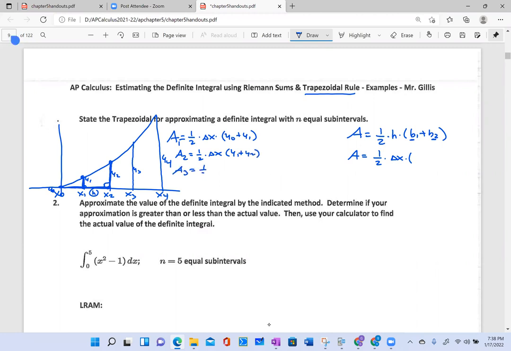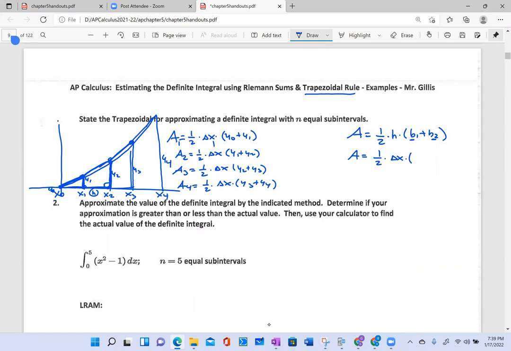The area of the third trapezoid is 1/2 times delta x times y sub 2 plus y sub 3. And the area of the fourth would be 1/2 times delta x times y sub 3 plus y sub 4. Again, not much of a trapezoid here because the first base is 0. And here's my second, third, and fourth trapezoid.